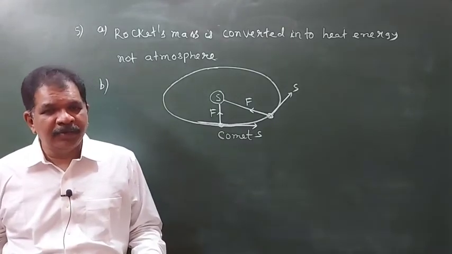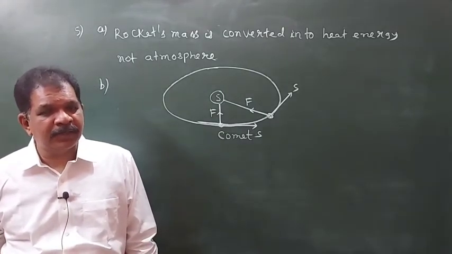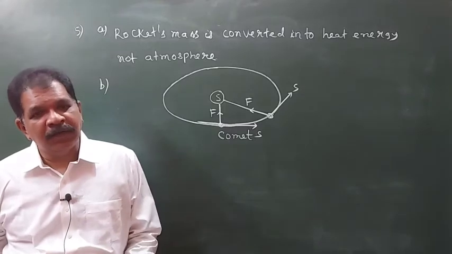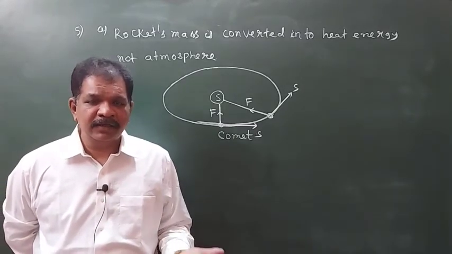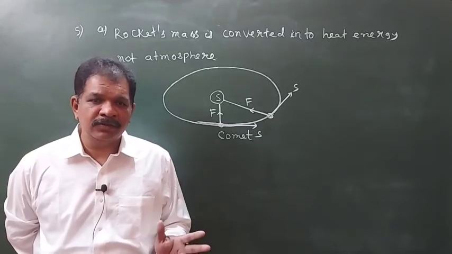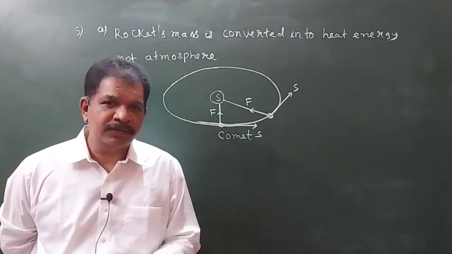When the angle between force and displacement is 90 degrees, what will happen? Work done is equal to Fs cos 90. So cos 90 is 0, and work done will be 0.